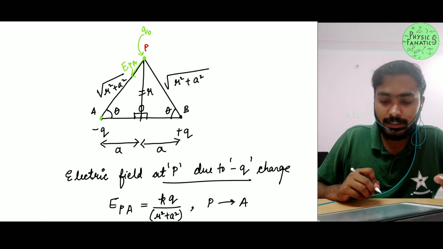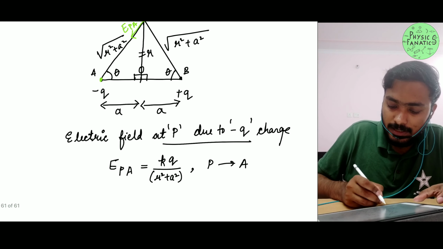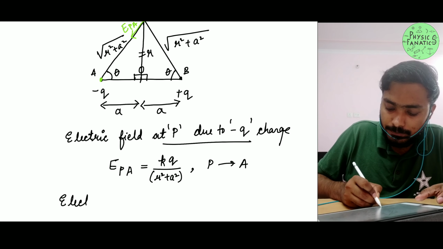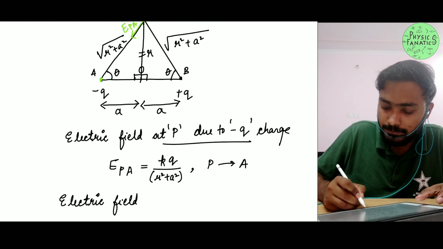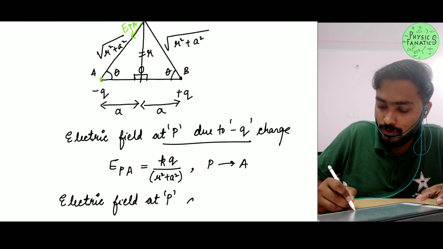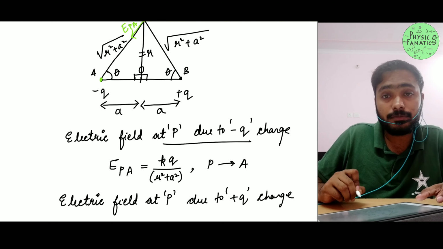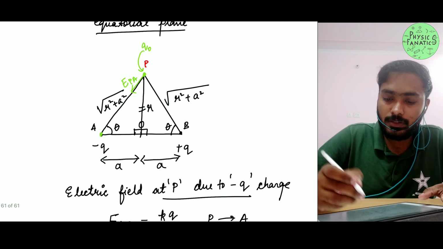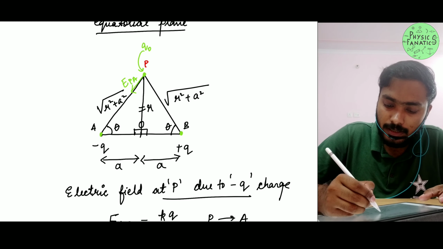Yes, great. Okay, next thing that we have to see is electric field at P due to plus q charge, right? Okay, due to plus q charge, you guys can see here is the plus q charge and here is my P, right?